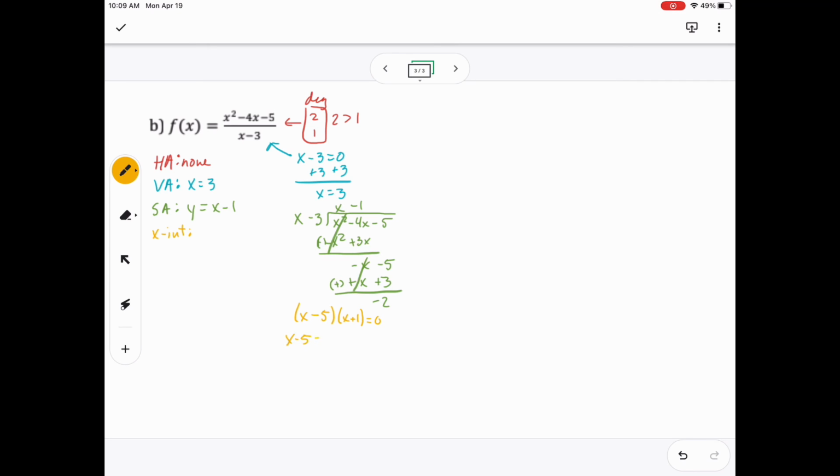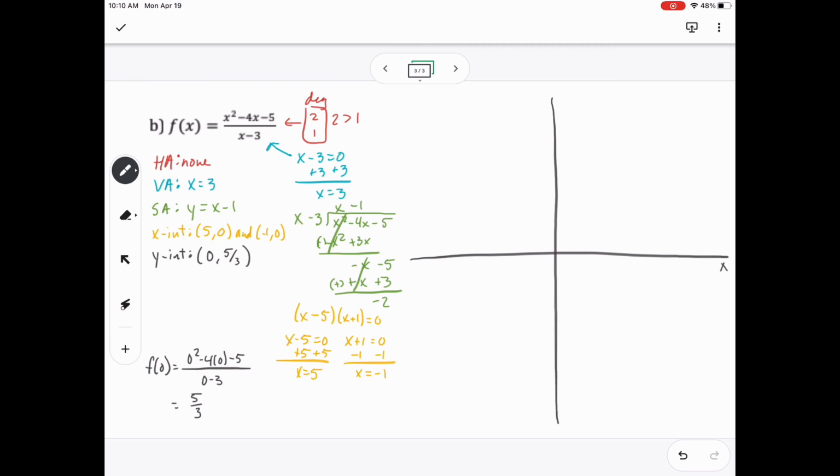Solving, I'll get x-intercepts of (5, 0) and (negative 1, 0). Then I'll look for my y-intercept by plugging in 0 for x. That gives me 5/3, so I'll have (0, 5/3) as my y-intercept. And then I can go ahead and graph.